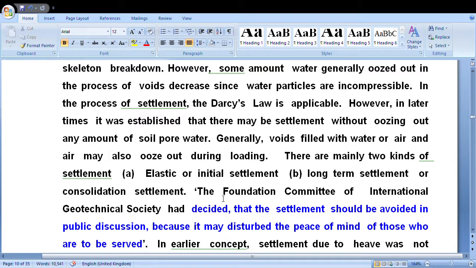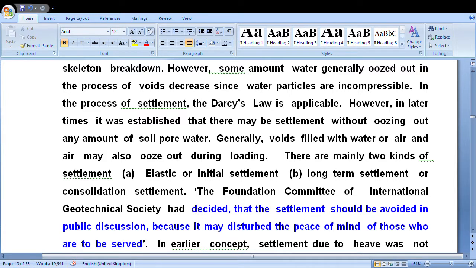More important thing, the Foundation Committee of the International Geotechnical Society has decided that settlement should be avoided in public discussion because it may disturb the peace of mind of those who are to be charged.